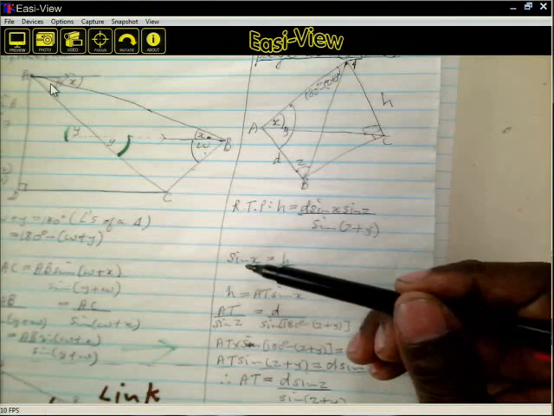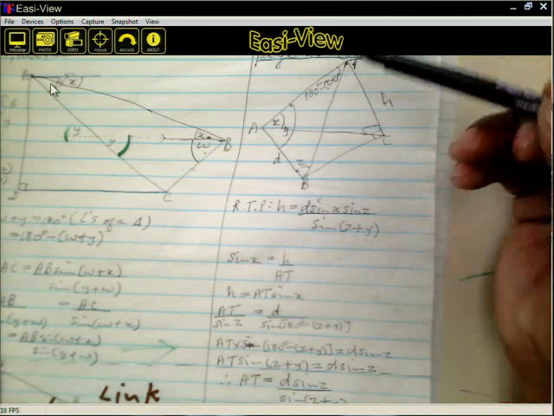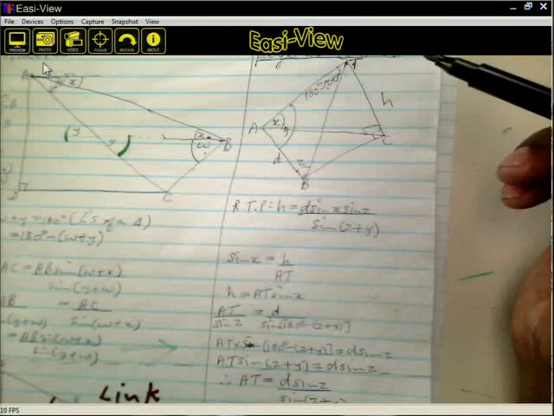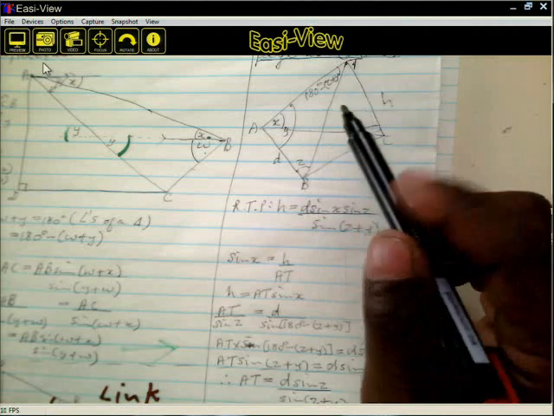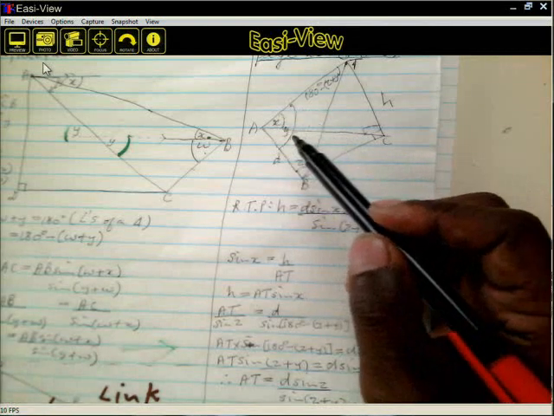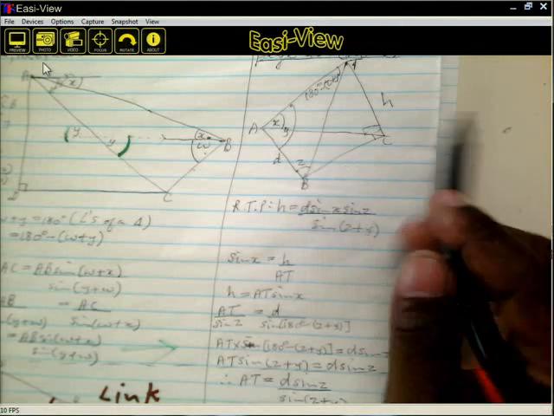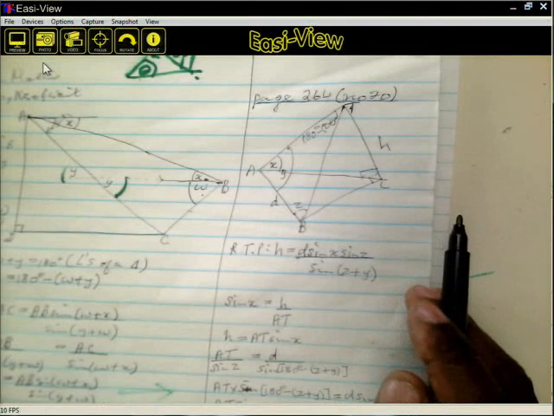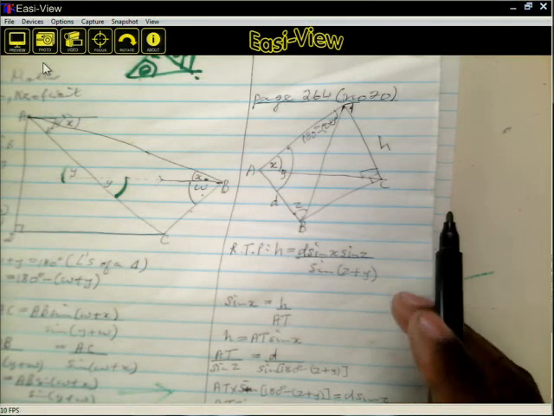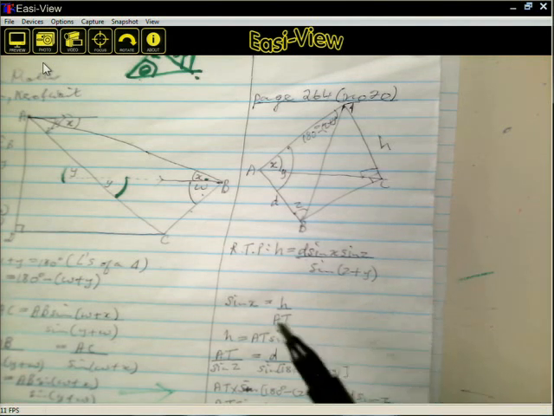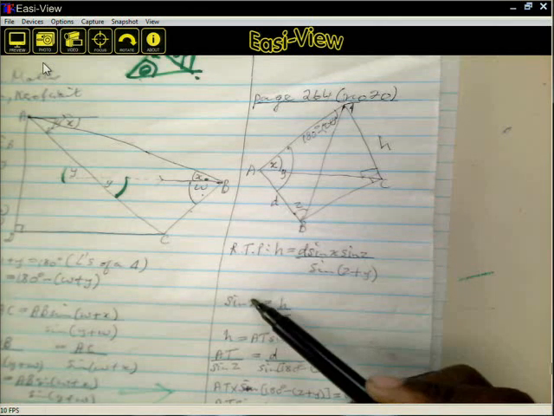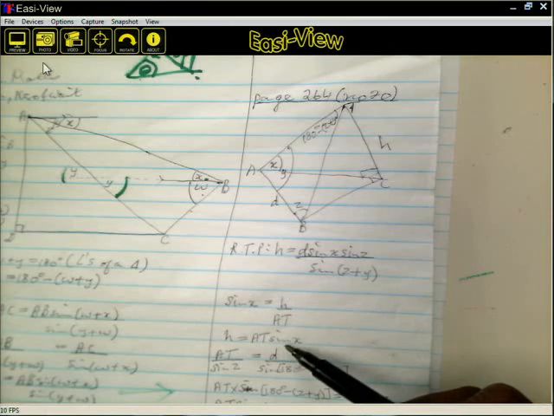Why did I look for sine x? You look at this triangle. Sine x is equal to H over AT. Opposite over hypotenuse. And we make AT, H rather, the subject of the formula.